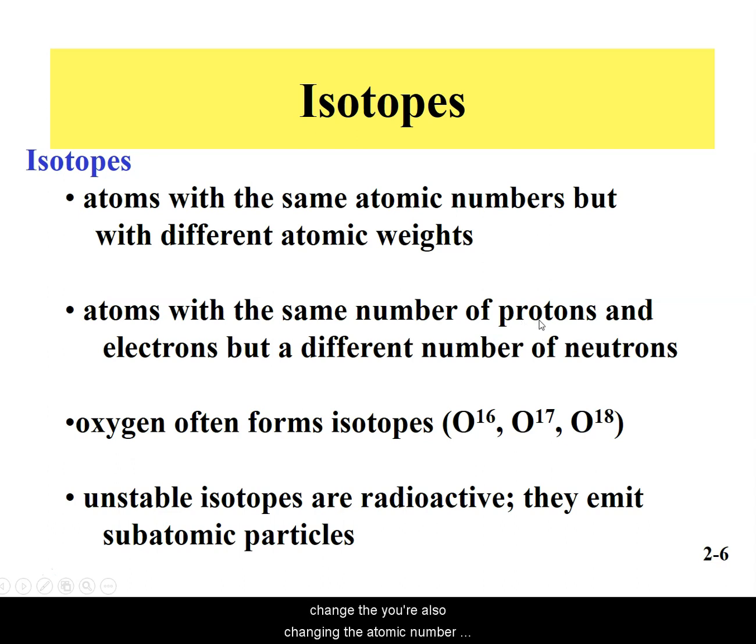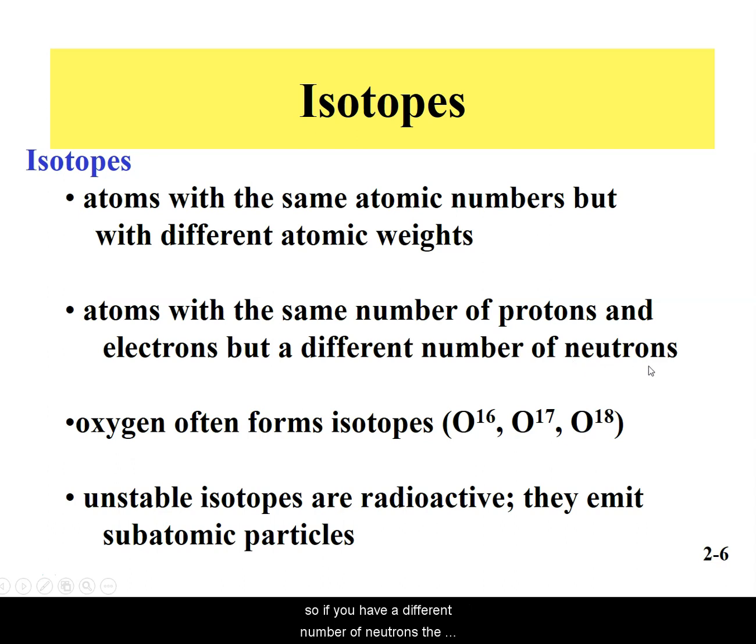If you change the number of protons, you're also changing the atomic number. It will not be the same element, not the same atom. So this doesn't, under normal circumstances, change. So the same number of protons and electrons in a neutral atom, but a different number of neutrons.